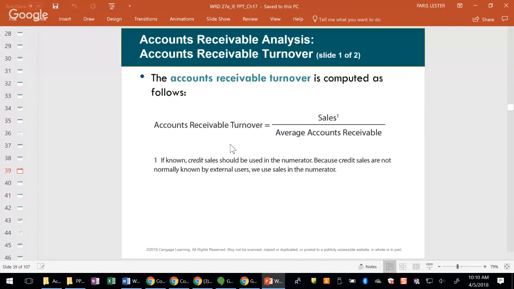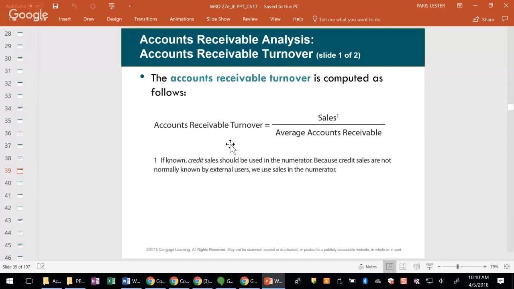Working capital is just, now we got accounts receivable turnover. I believe we had that one before. You want this to be a big number or a little number? If you had a business, you got accounts receivable. You want your turnover to be big or little? What if it was 1?